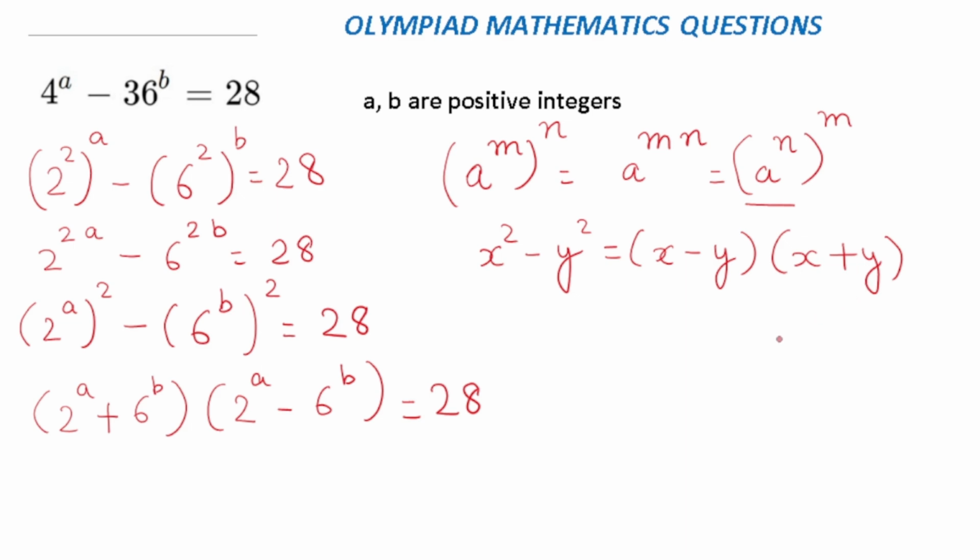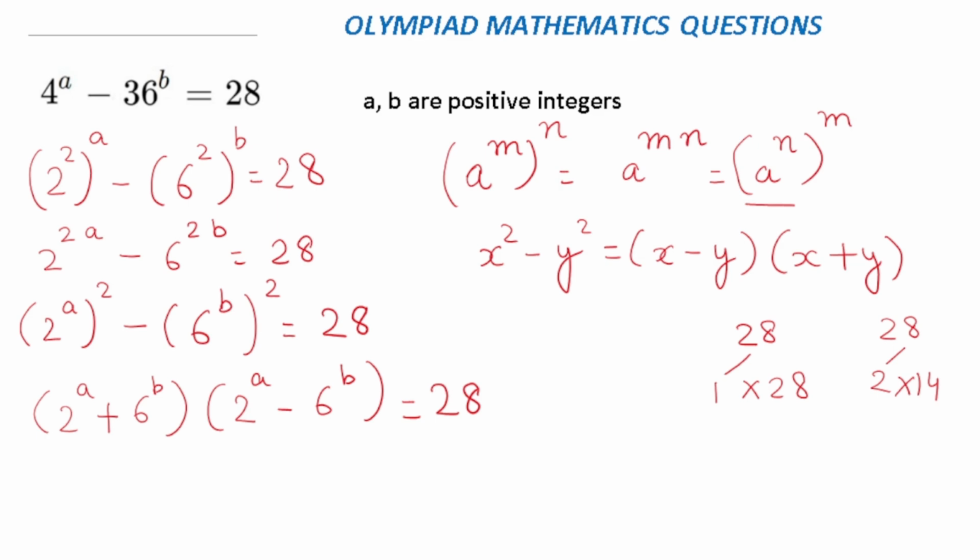So how to form two equations out of a single equation, I'm going to show you in this question. 28 can be written in the product form as 1 times 28, right? Also 28 can be written as 2 times 14, and also as 4 times 7.